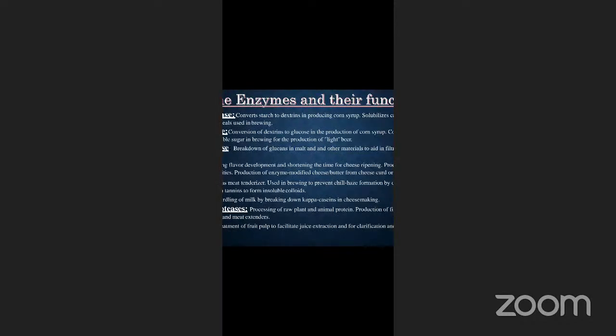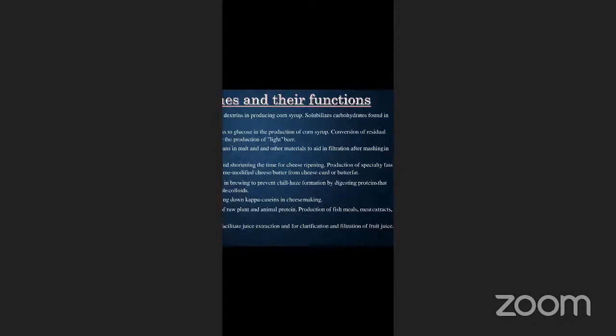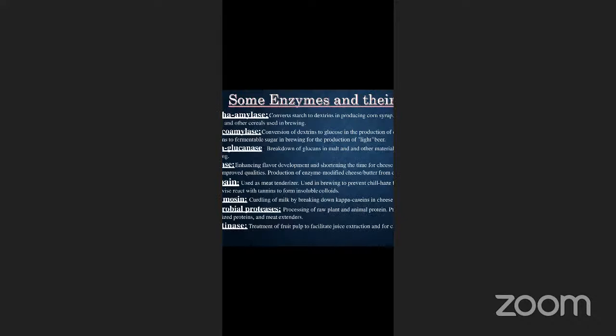We can also improve the quality of the cheese and produce enzyme modified cheese or butter. In that industry also we can use lipase. Then papain is used as a meat tenderizer and in brewing to prevent chill haze formation by digesting proteins.